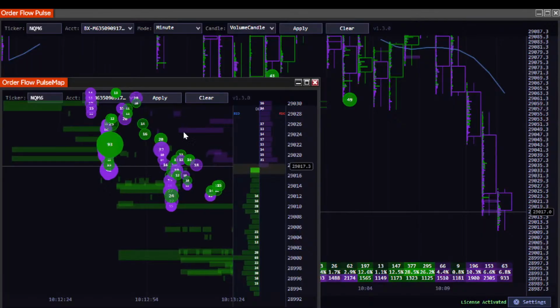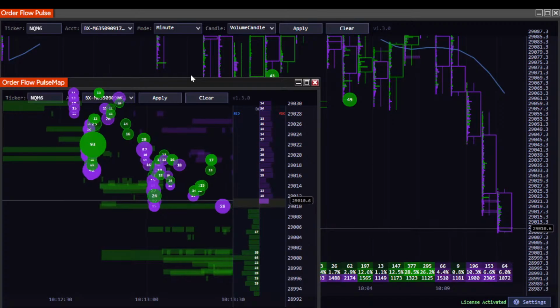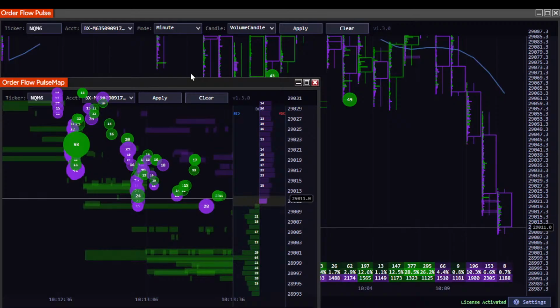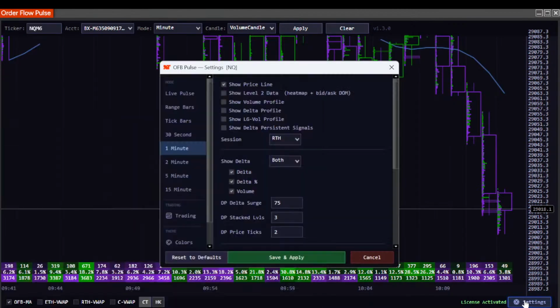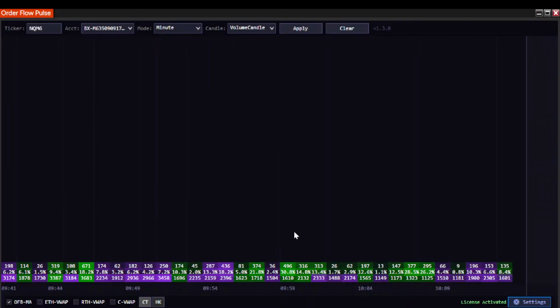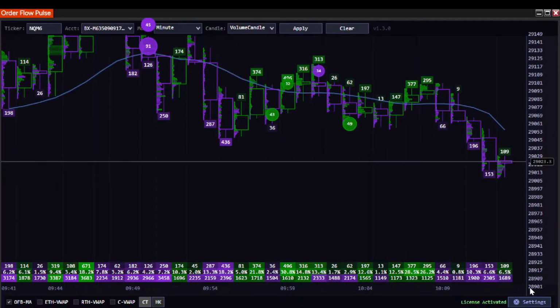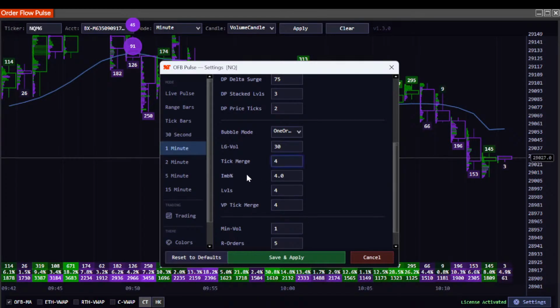I wonder if I should tick merge the NQ because this thing's a squirrely little thing. Here, let me come over here. We'll tick merge this before. Then what we'll do when we tick merge it to 4, we do an imbalance to 4, 3.